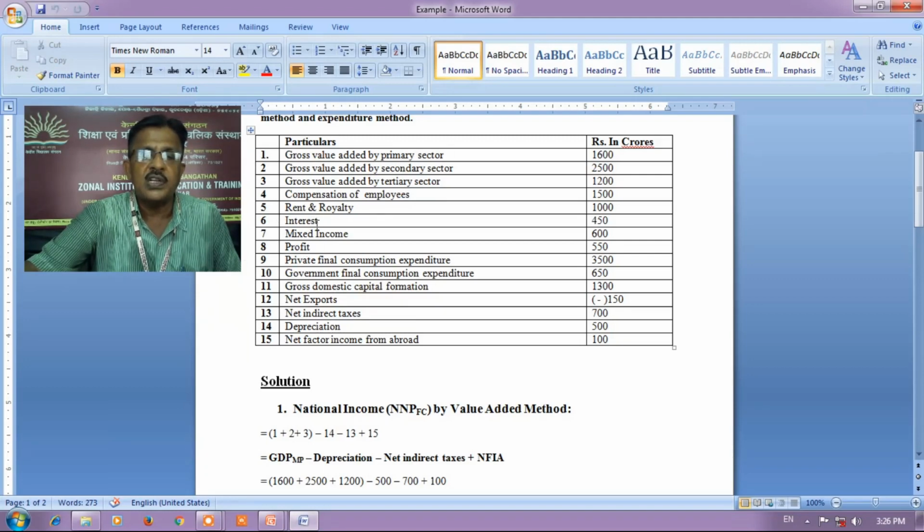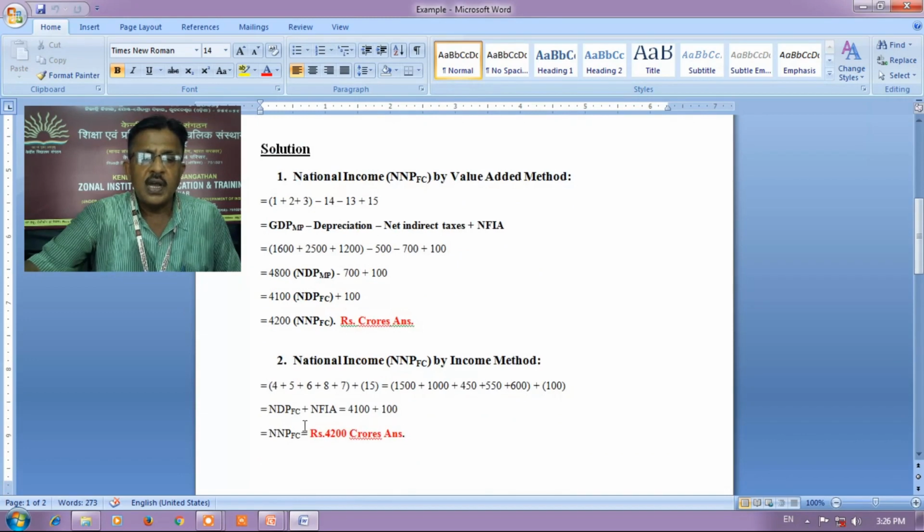Rent, royalty, interest and profit give us the operating surplus, and mixed income is a separate component of income. If you add these, you get NDP at factor cost, and to NDP at factor cost, if we add this NFIA, we get NNP at factor cost. You see the value 4200 here in the value added method, and in the income method also the result is 4200.